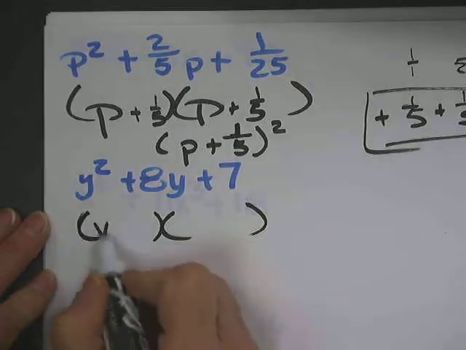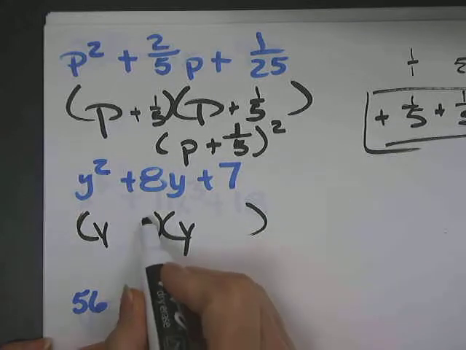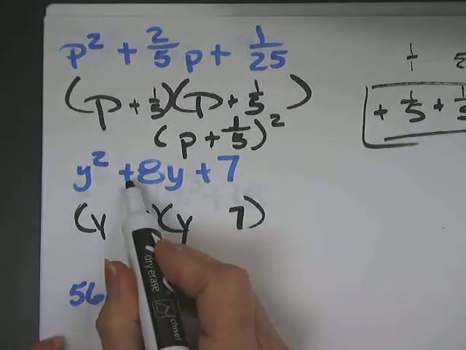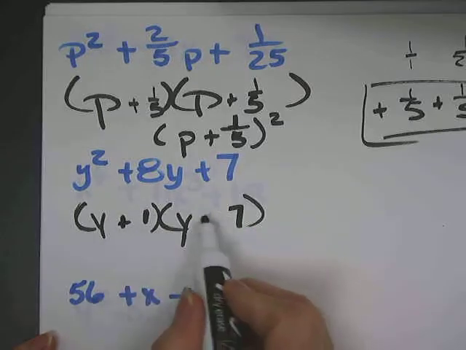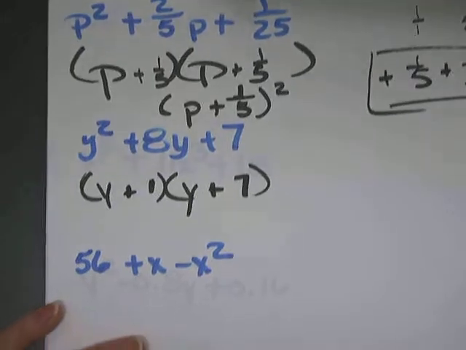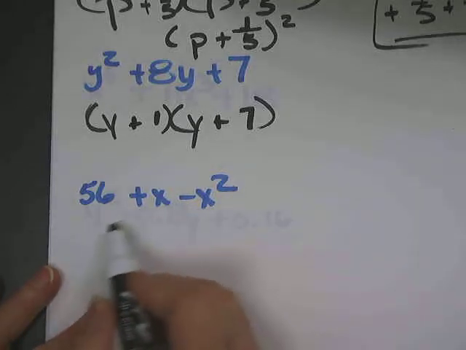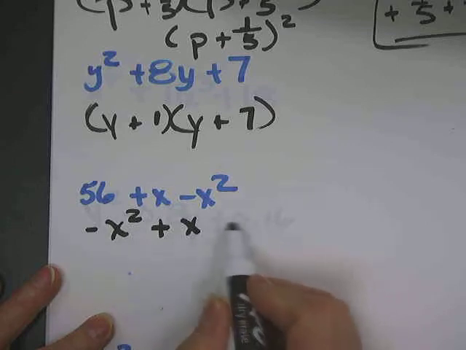Okay, any common factor? No. The only way to get 7 is what? 1 and 7. They're same sign, they're positive, right? Do we need to do something to this? Just put it in order.